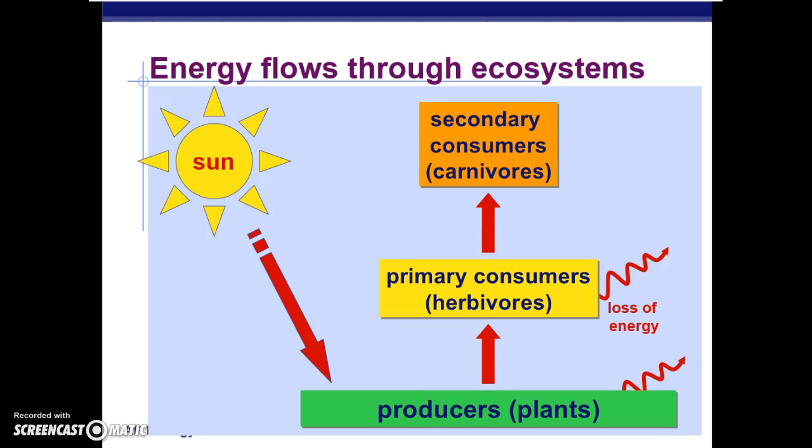So either the primary consumers are going to be the herbivores who depend on producers to have made that carbon compound for them to consume, or if we have a secondary consumer like a carnivore, they have to rely on the primary consumers having gotten their energy source from the producers.